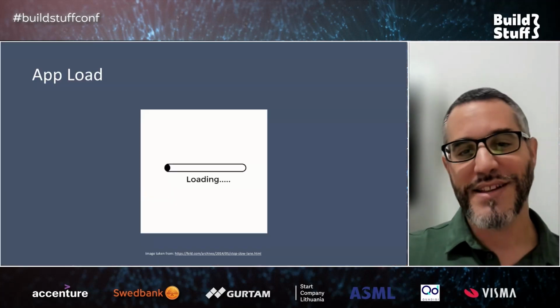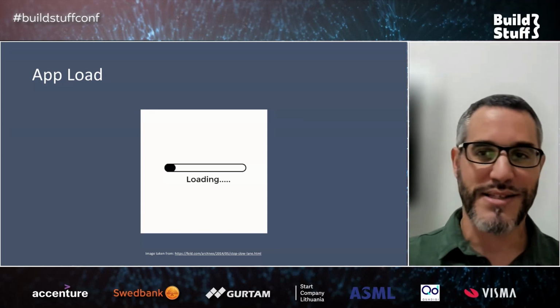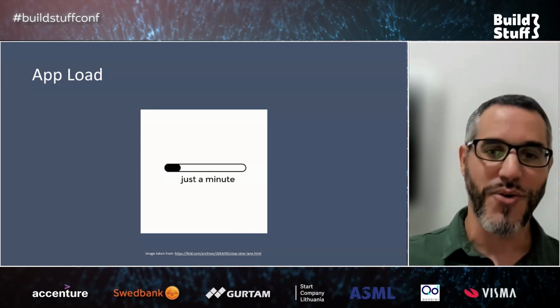Now meet Mark. Mark is one of your users, and he is trying to get into your application using not a development laptop or something that has a lot of good hardware. And the first thing he is going to see is probably some spinner or loader that you created.